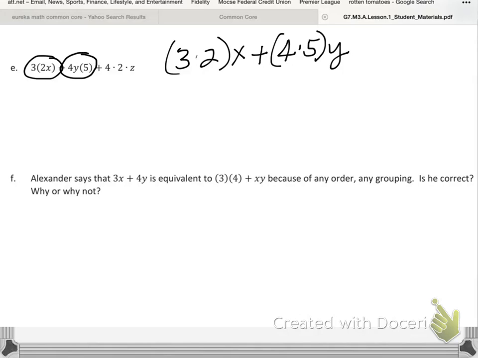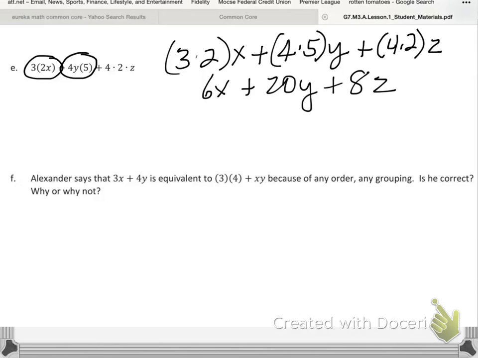Just moving things around. And then we have plus 4 times 2z. And again, 6x plus 20y plus 8z.